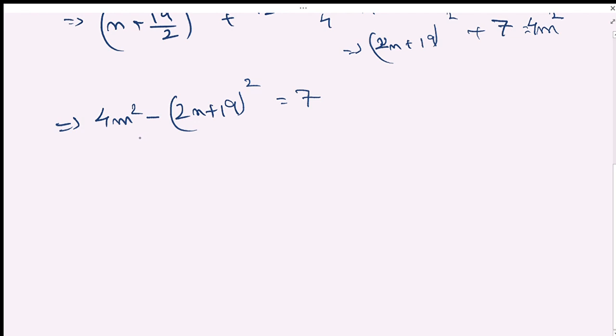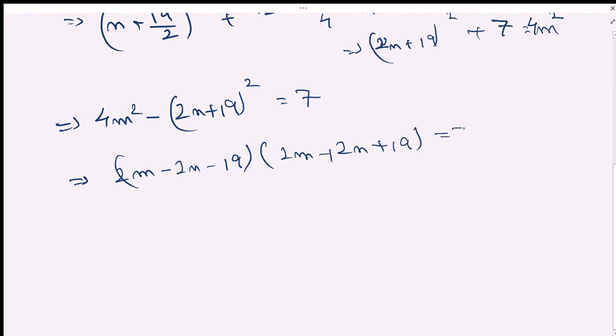Now we can apply the formula a square minus b square to write it as 2m minus 2n minus 19, times 2m plus 2n plus 19, and this equals 7.